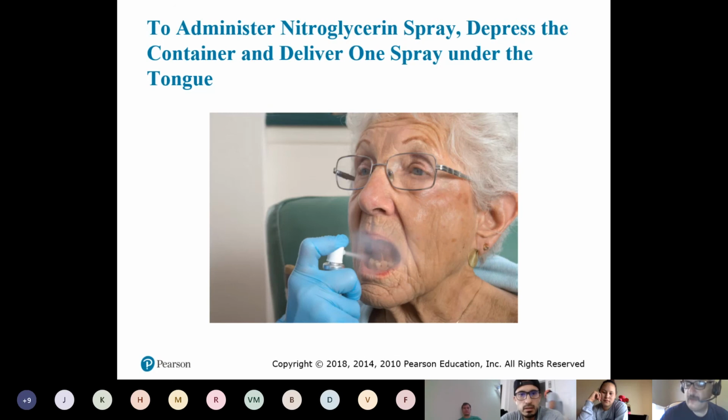just spray it underneath. Why do we give it under the tongue? It's faster. It goes into your system faster. Why? Because of all the veins we have underneath our glands. Yeah, it's a lot more vascular. Why don't we swallow the pill? Because it takes longer. What is that called?